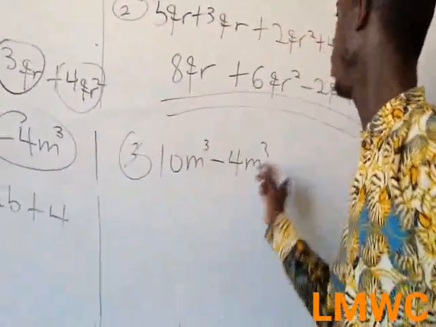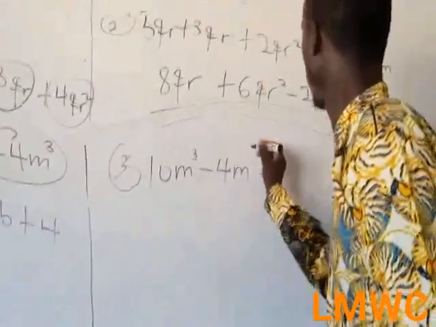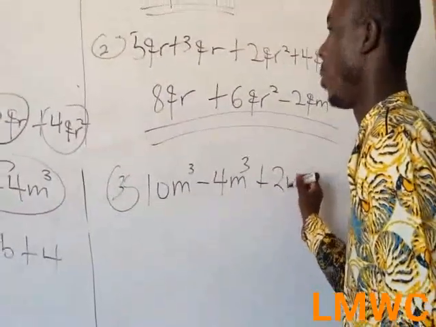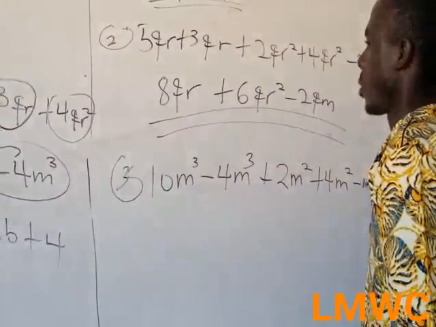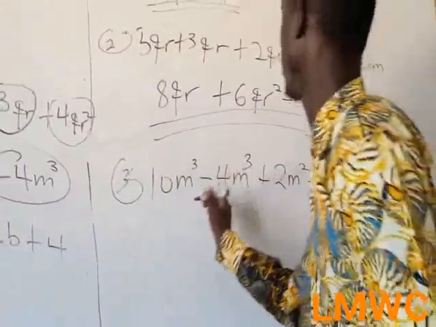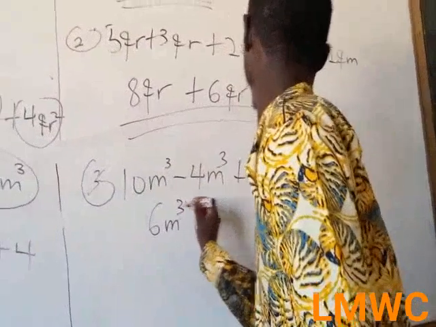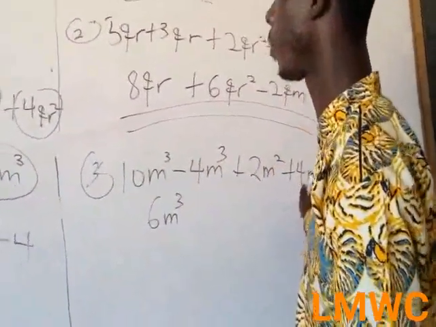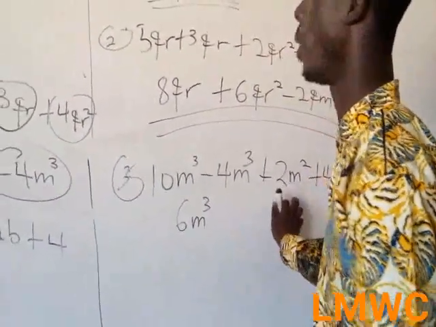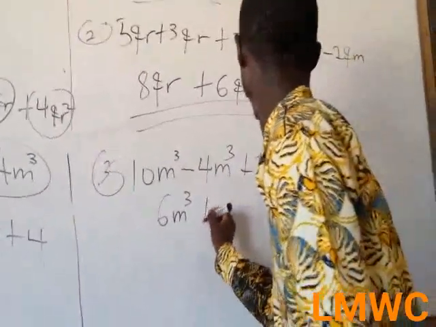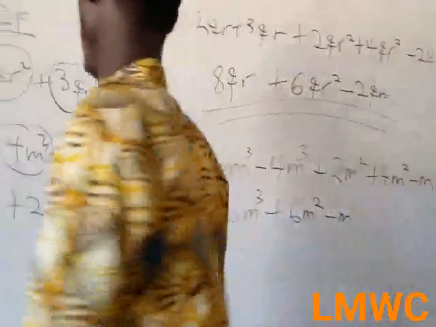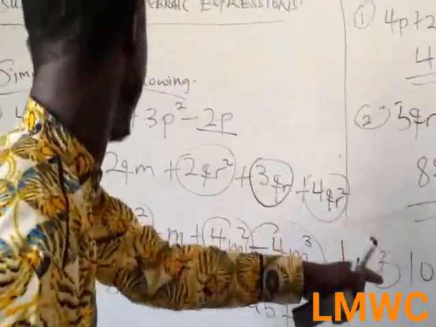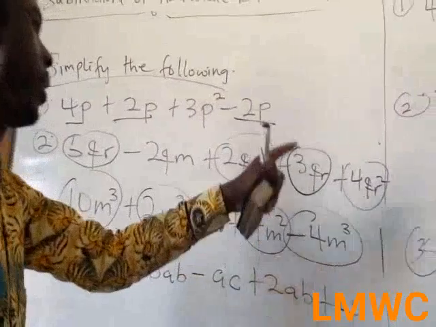Plus 2m squared plus 4m squared minus m. This minus this is 6m cubed. This plus this: 2m squared plus 4m squared is what? 6m squared, minus m. So it's not difficult. This minus this is 6m cubed. This plus this is 6m squared minus m.